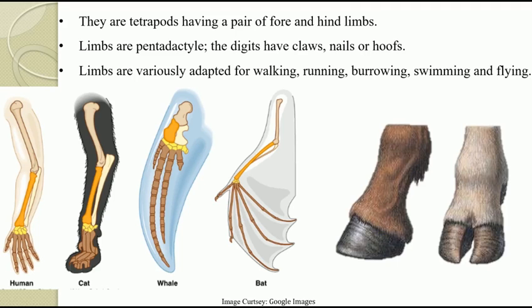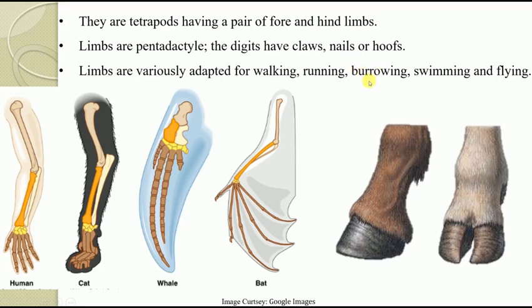As I have already told you, the class Mammalia is a more heterogeneous group, and they show various adaptations. In most cases, limbs are useful for walking and running. If you see animals like deer, wildebeest, and zebra, their limbs are useful for running, or you can take the example of the horse.